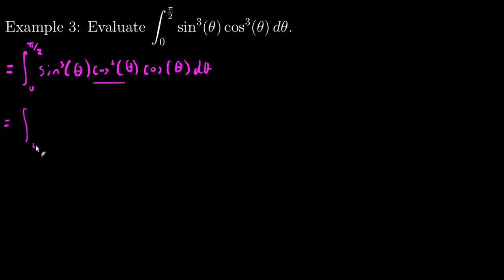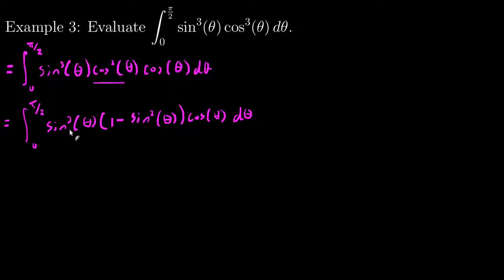So 0 to pi over 2 of sine cubed theta times 1 minus sine squared theta times cosine theta d theta. And now when I look at this, I notice that if I let u equal sine, I'll be able to replace this and this with u, and this cosine here is going to cancel.